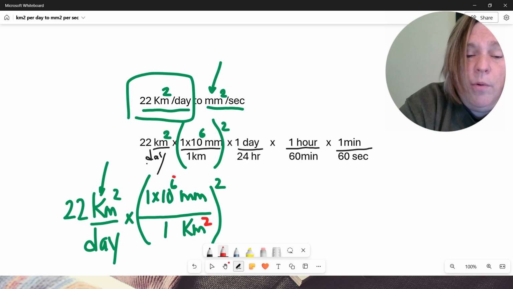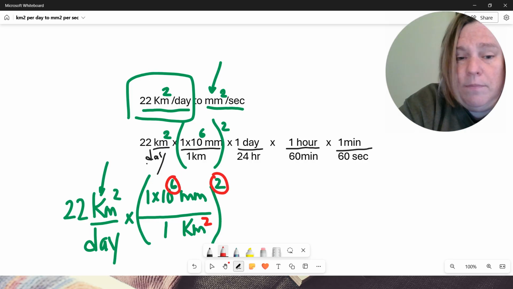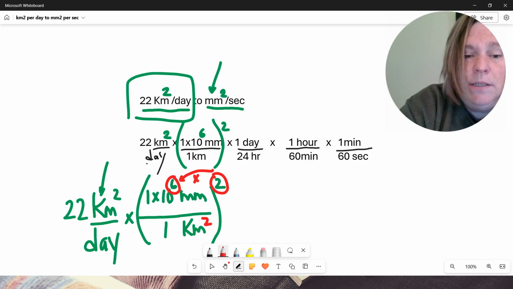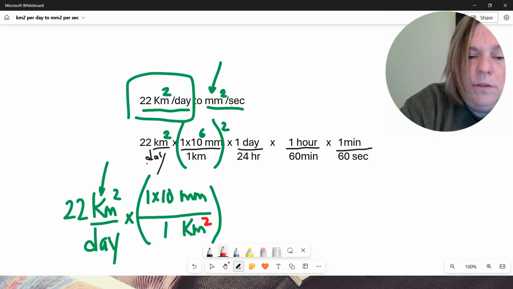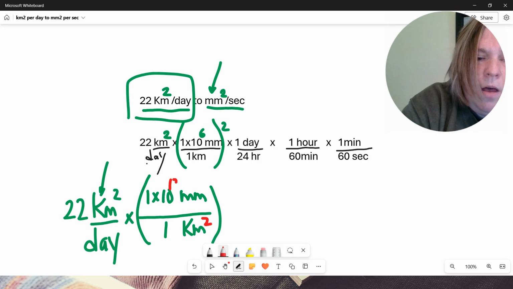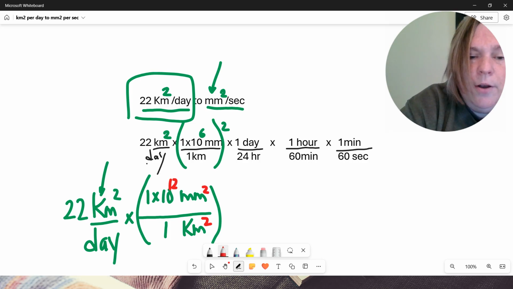When we square exponents, we multiply them. So I'm going to take 2 times 6. That's going to give me 12. So my final answer up here on the top is going to be 12 millimeters squared.